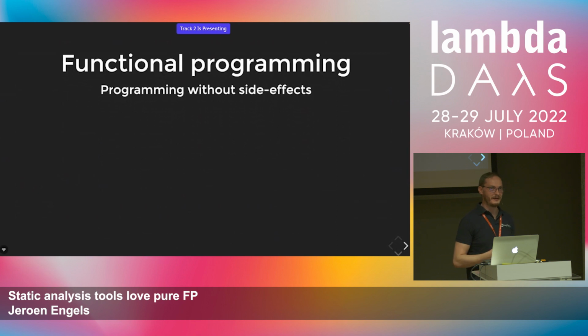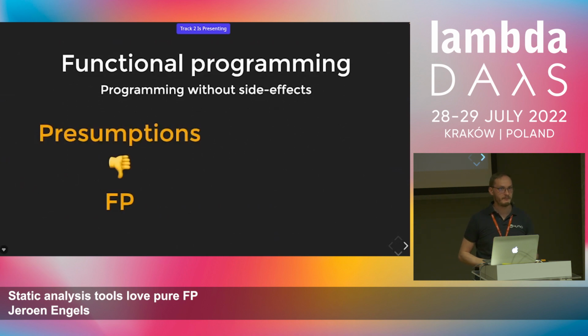Thankfully, we have a nice thing that is called functional programming, because functional programming is basically about programming without side effects, right? And when you don't have side effects to worry about, that makes analysis much easier, right? You would presume so, but that's not true, because when we do functional programming, we do have side effects.